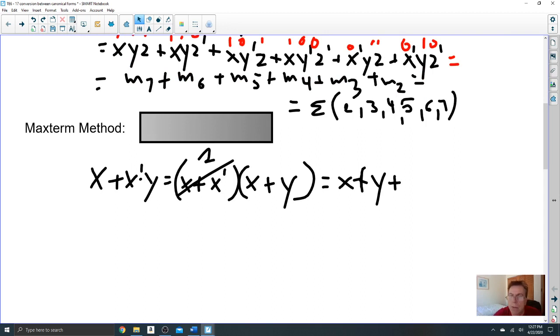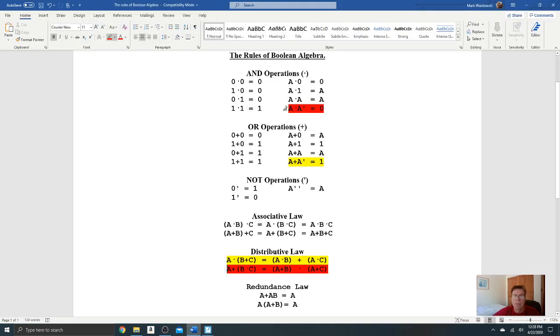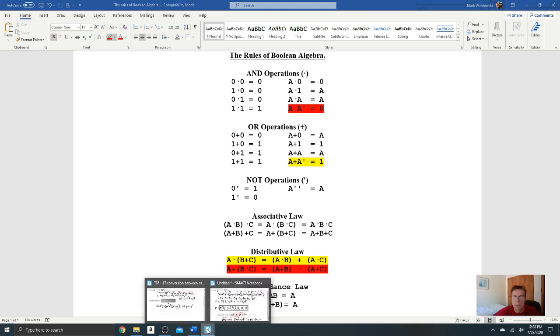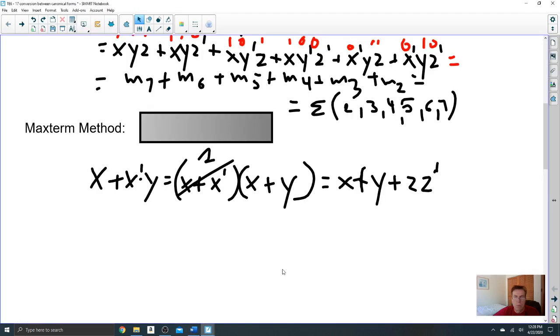We're going to add 0 in the form of z times z prime. As you know, variable times its prime is 0. So we're going to use the second distributive law, take this and break it right here.